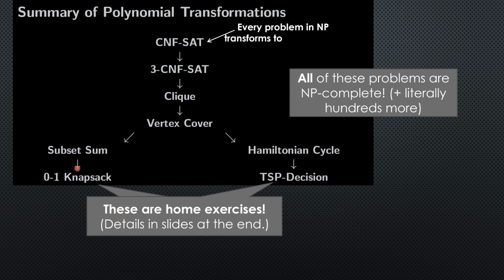Now, these two transformations, from subset sum to 0,1 knapsack and from Hamiltonian cycle to traveling salesperson decision, I've included as slides at the end of this slide deck because I'm leaving them as home exercises for you. These would probably be the two easiest reductions or transformations that we do in the course. I say both reduction and transformation here, partly out of habit and partly because I can't remember which I'm asking you to do.